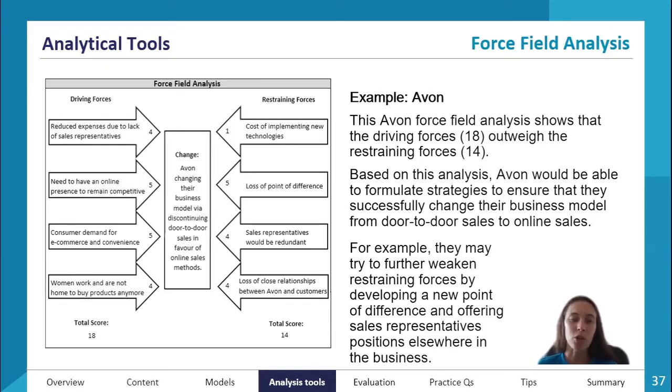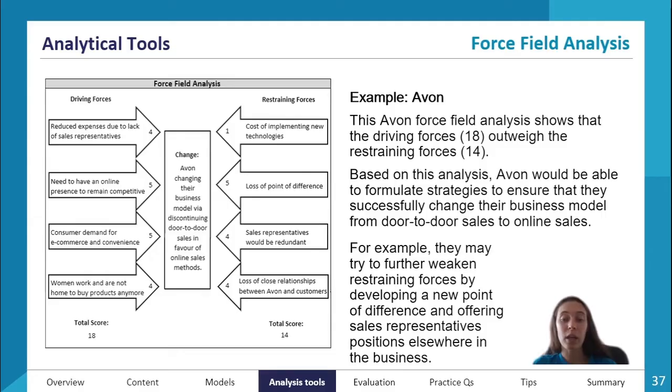Should it be 4? Should it be 5? Should it be 1? Should it be 2? But just be logical and think about, can I justify the number that I've given this driving or restraining force? Now, based on this analysis that we've done for Avon, they would be able to formulate strategies to ensure that they successfully change the business model, because you do have that backing. Those driving forces are strong enough there.